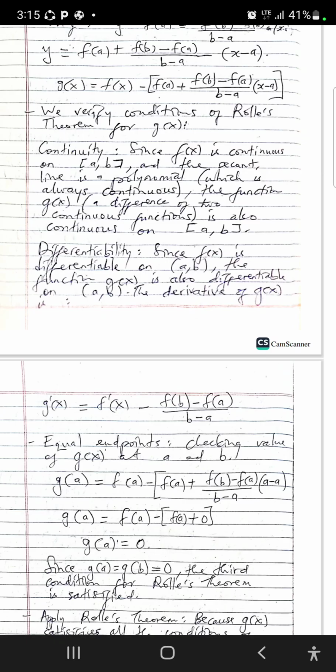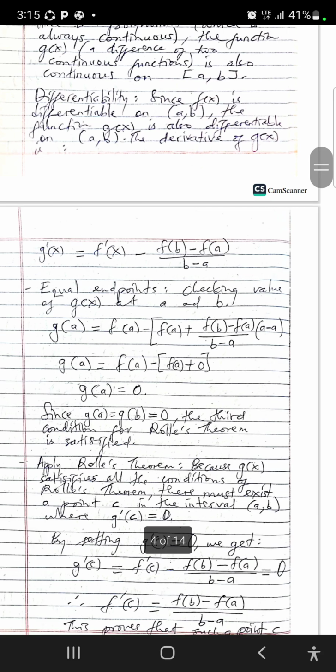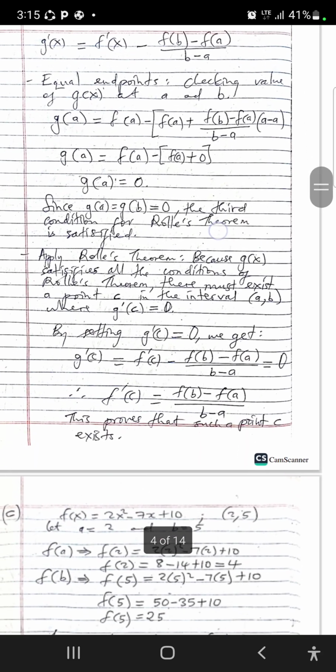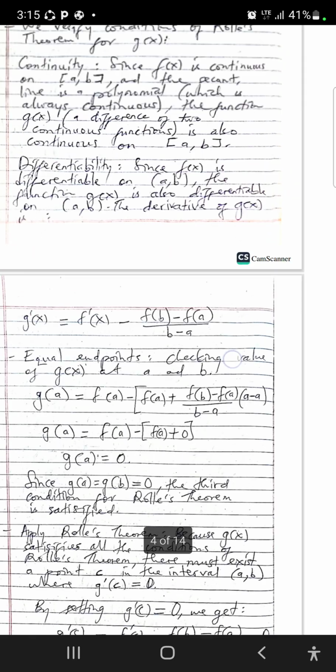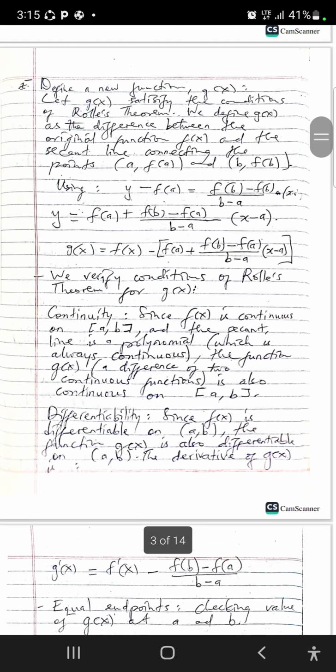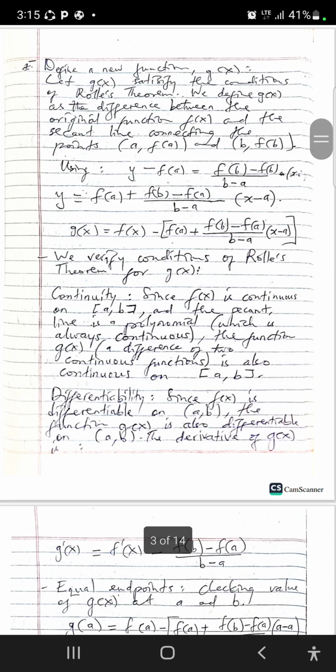The derivative of any constant is a what? Is a 0. So that is the case there. We come all the way up to here. Equal endpoints, checking the value of g of x at a and b. So in this function, the original function g of x, replace a wherever there is x.